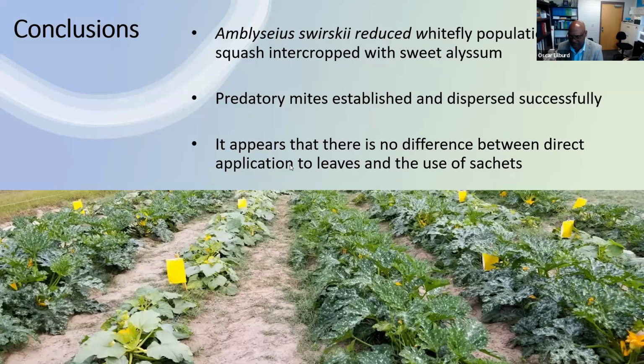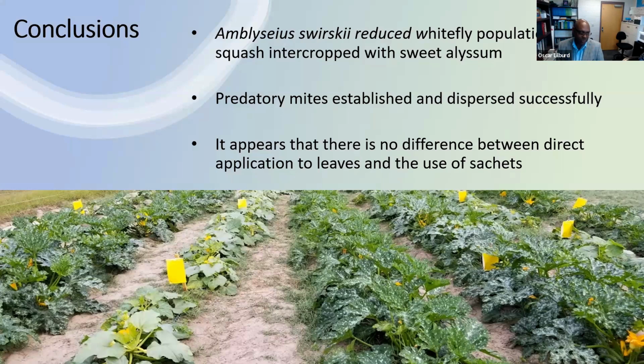One thing I should tell you, and I forgot when I was discussing the Silverleaf, is that we did not find a lot of the predatory mites moving into the Silverleaf. We only released the predatory mites in the squash. We did not release the predatory mites in the Silverleaf, and we did not find a lot there.